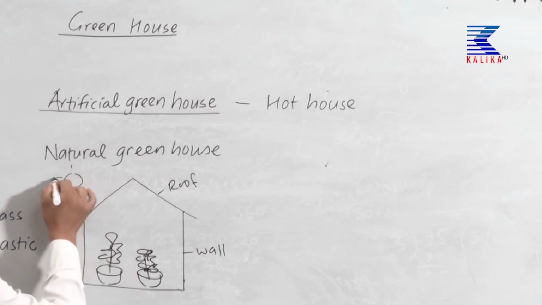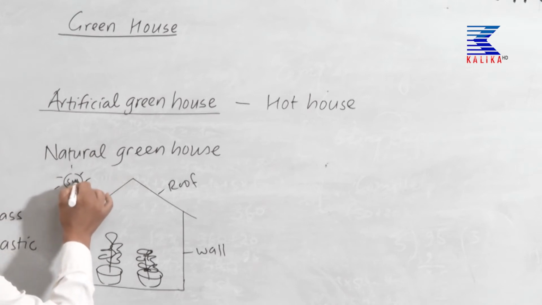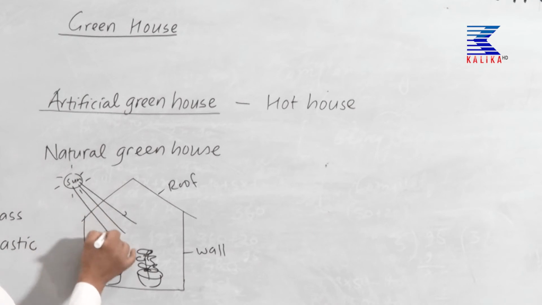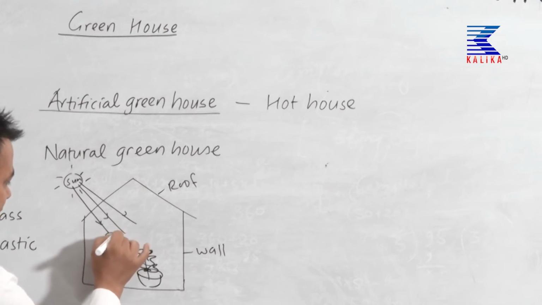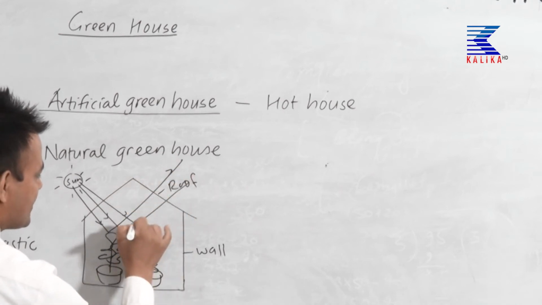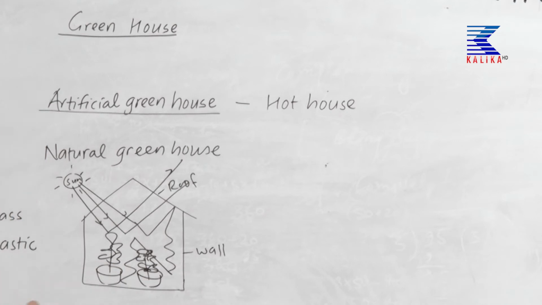Okay, so the natural source of the heat and light is the sun. Okay, so solar radiations enter into the house like this, and the radiations having the long wavelength may escape out from here, but short wavelength they just remain in here.